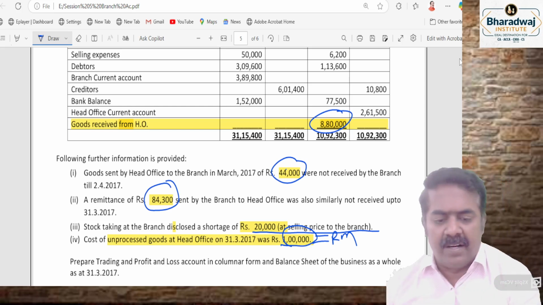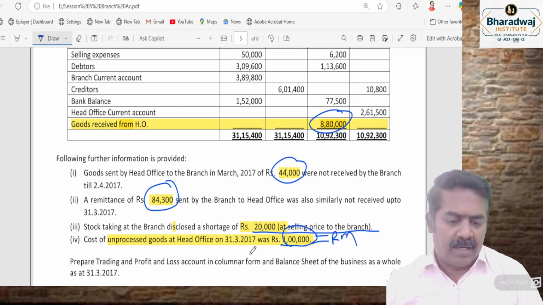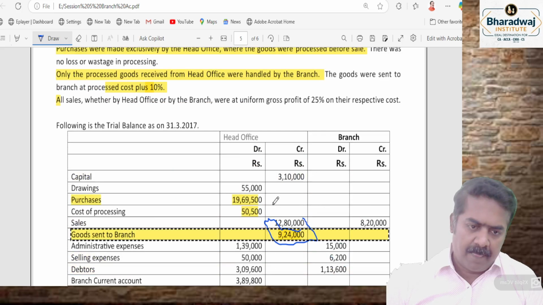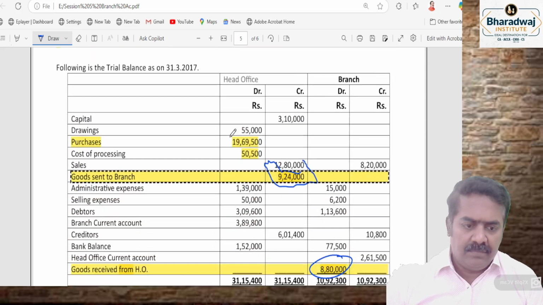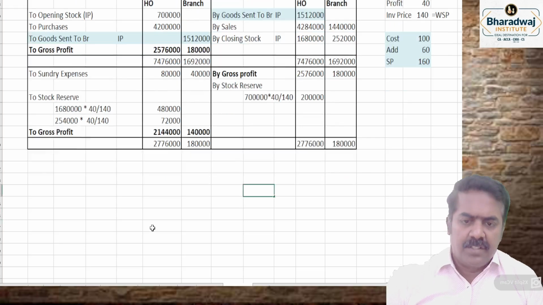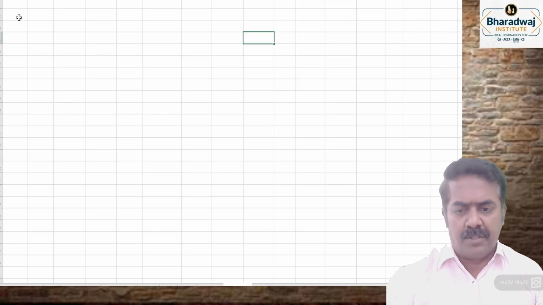They ask you to prepare the trading P&L account and the balance sheet. First, observation notes, then let us continue.